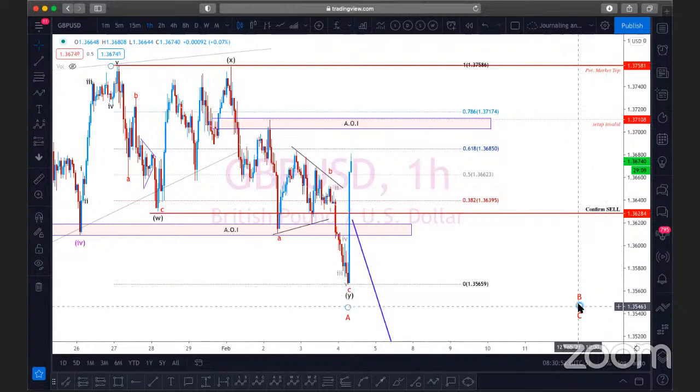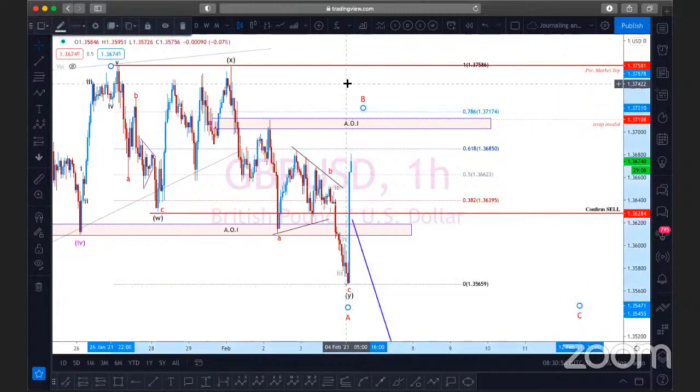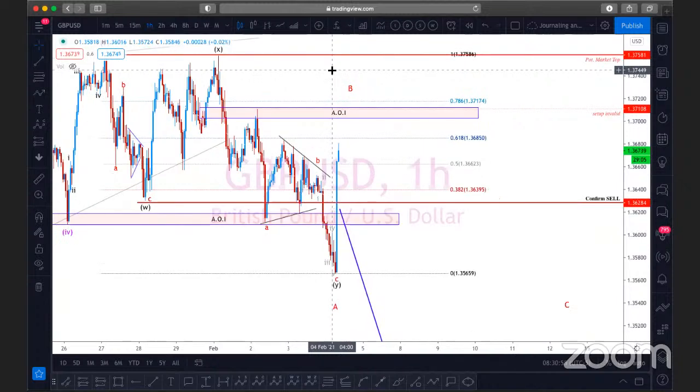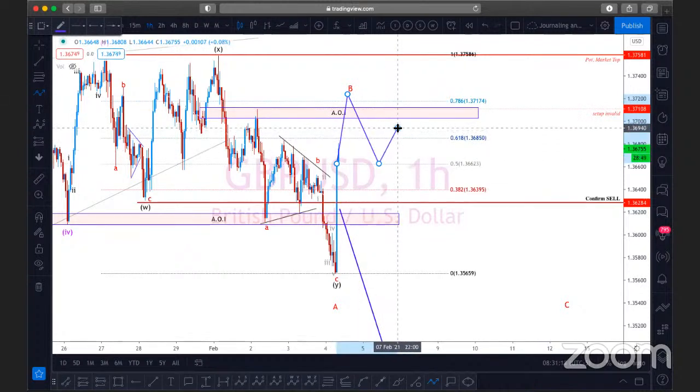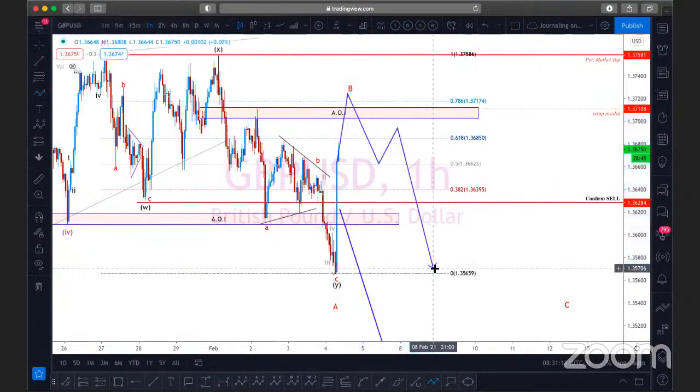So we now know that wave B is currently what we're looking at. And wave C would be what? A 5 wave move. So wherever that lies, all I simply want to do is to see wave 1 of wave C come in, wave 2 of wave C come in. And then now I can look to enter on wave 3.